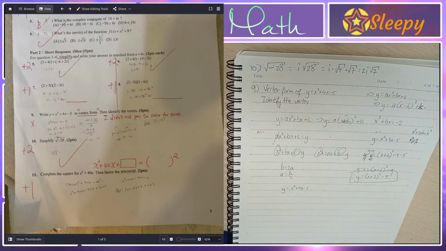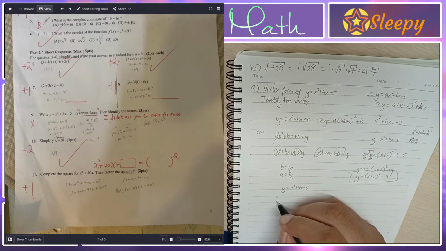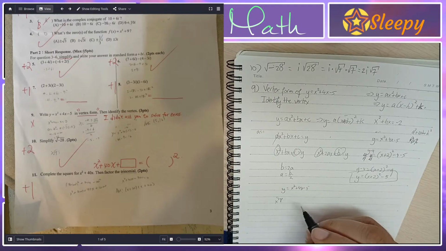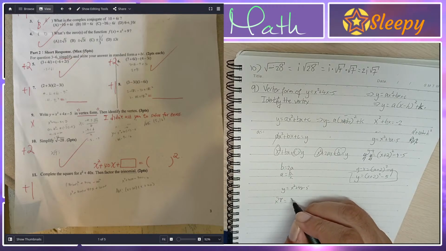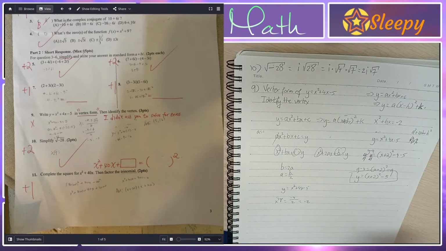Minus b divided by 2a, so it's minus 2. And then y, so 4 minus 8 is minus 4, minus 5 is minus 9.